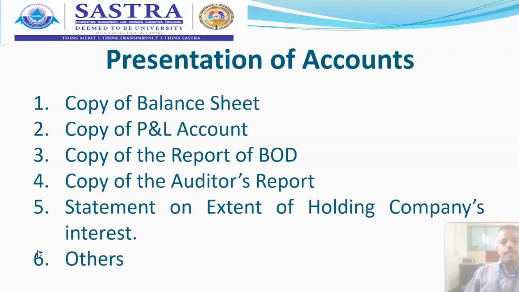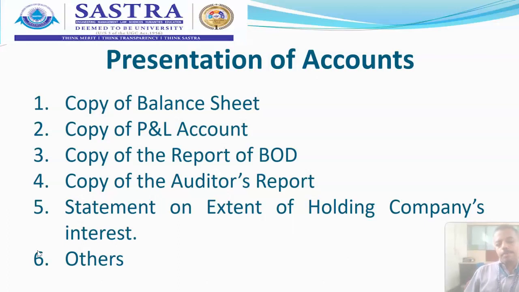The following documents are to be presented to its shareholders also. One, a copy of the balance sheet of the subsidiary company has to be attached along with their final accounts. A copy of the profit and loss account of the subsidiary company has to be attached along with the final accounts of the holding company.